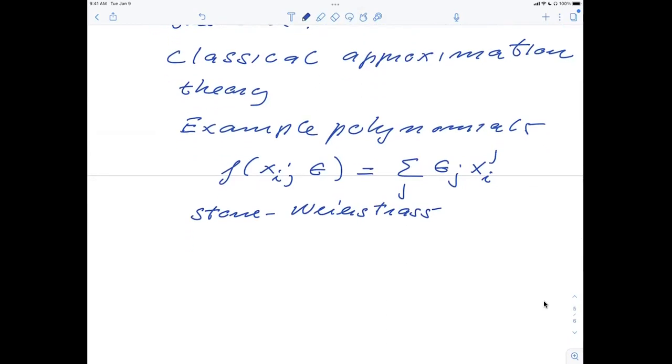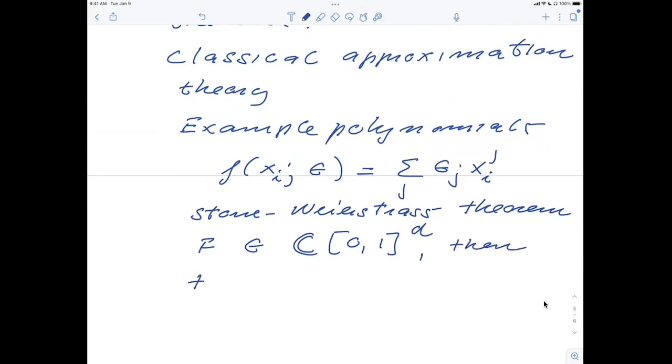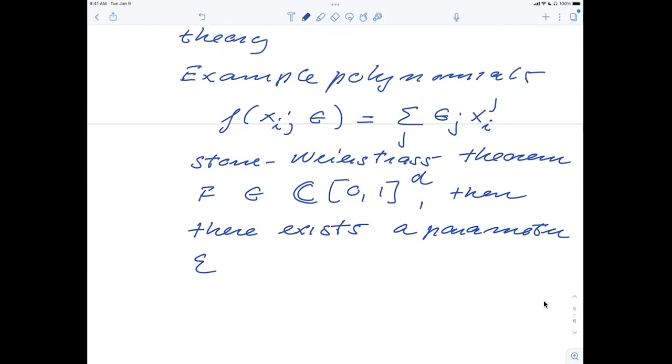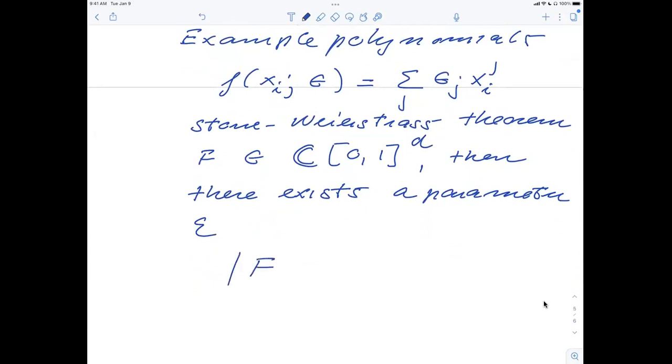If we now assume that there is a function f, which is an element of the continuous functions on all the points on the unit circle in d dimensions, then there exists a parameter epsilon, such that for a given polynomial with parameters theta, we can make an approximation of the true function f of x which is smaller than a specific epsilon which we have defined.